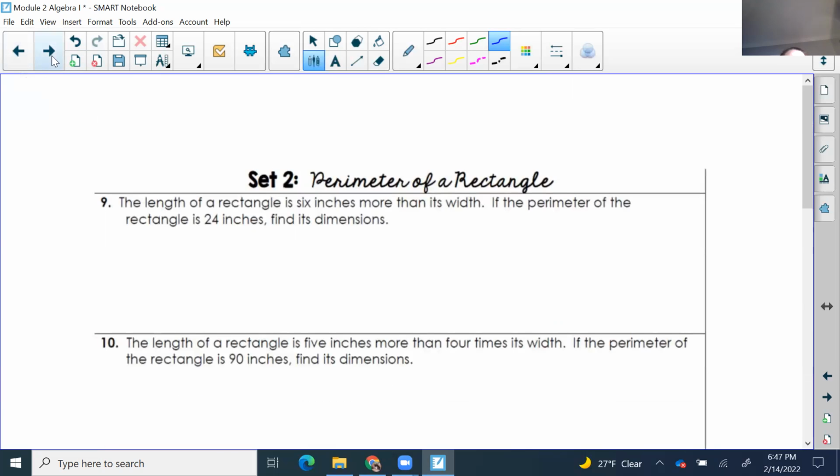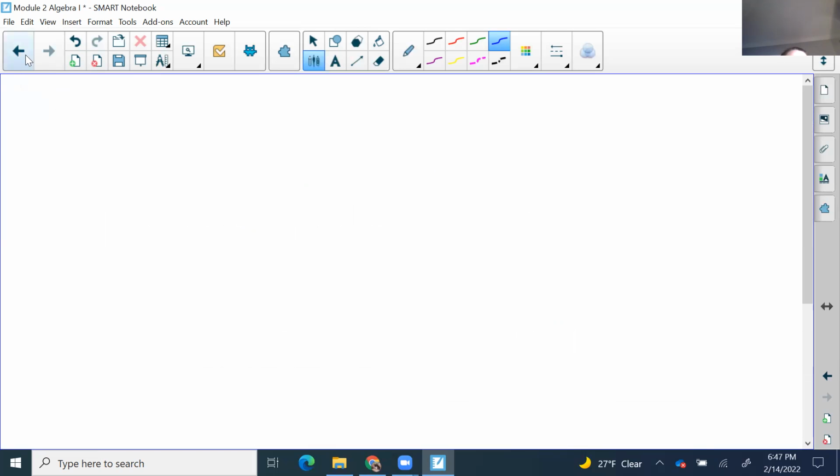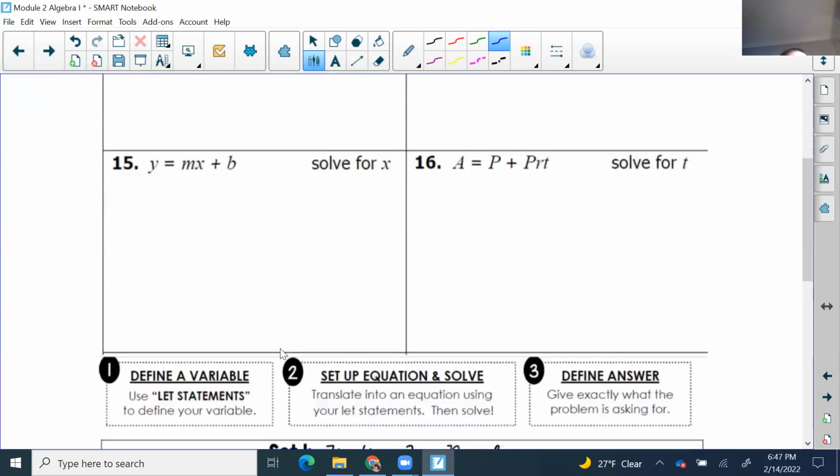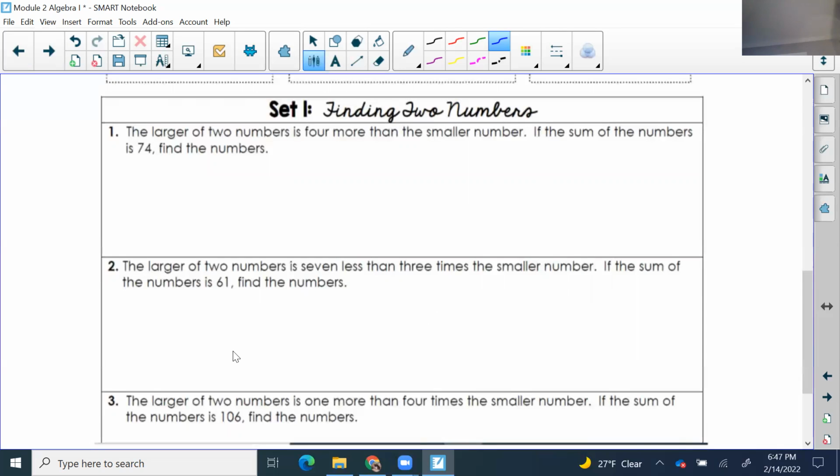It's really important to be able to translate from a word problem and set up some equations. So we're just going to do those together. You'll find that there's only so many ways that you can do it, so it does get much easier quickly.